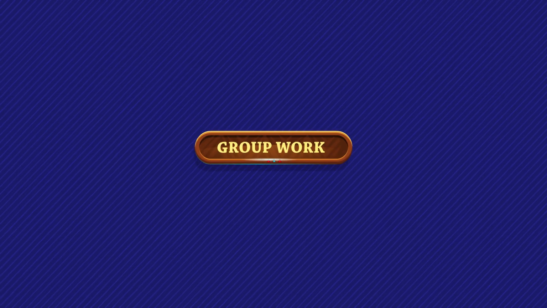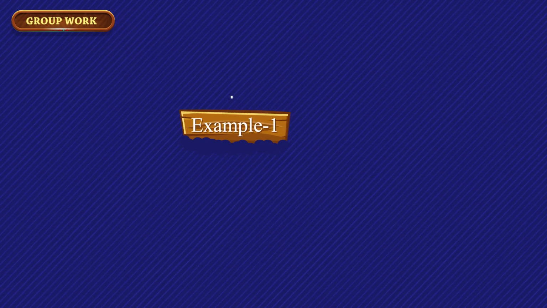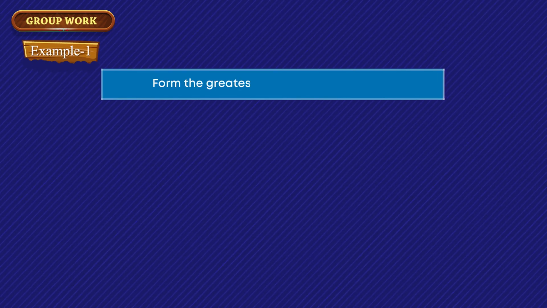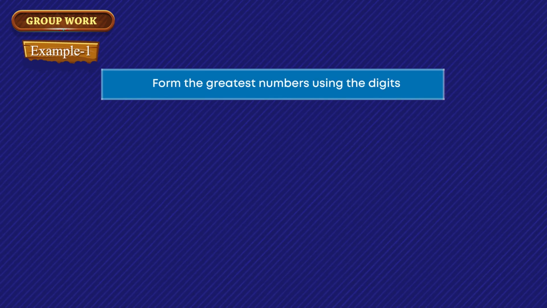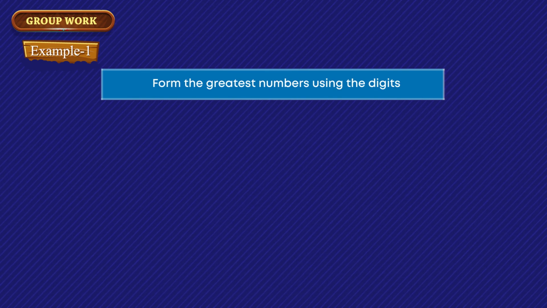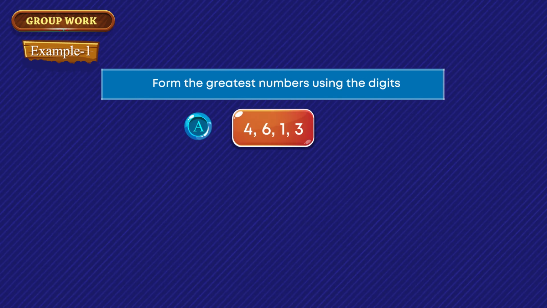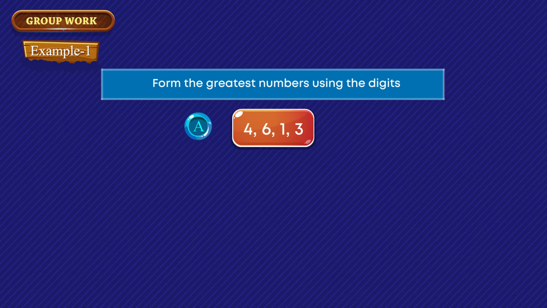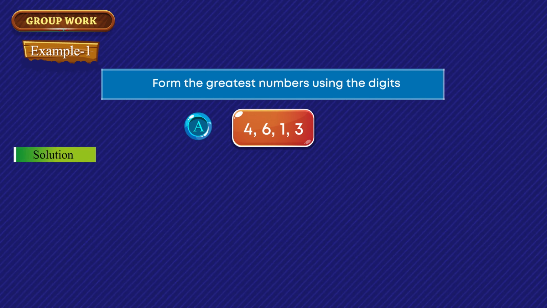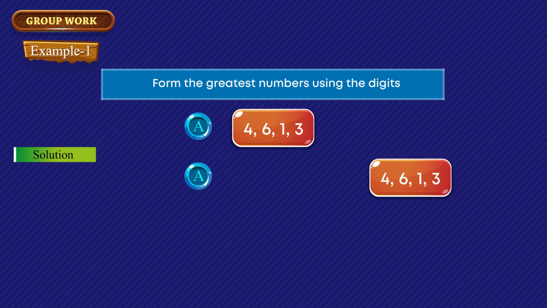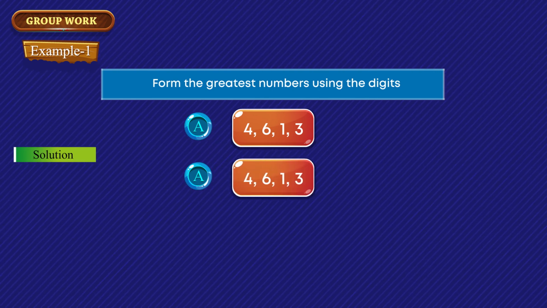Group work. Example 1. Form the greatest numbers using the digits. A. 4, 6, 1, 3. Solution. A. 4, 6, 1, 3.